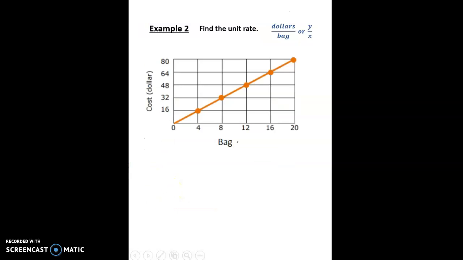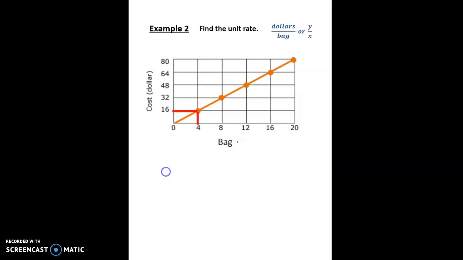Let's find the unit rate here. We want to know the number of dollars per bag, or y over x. Let's find a point that is on the line and on one of the intersections of these lines. This graph already gives us the points, so let's test them out. Let's try this point.